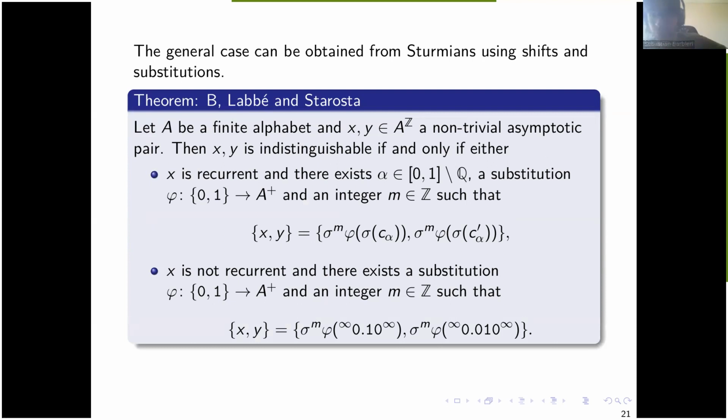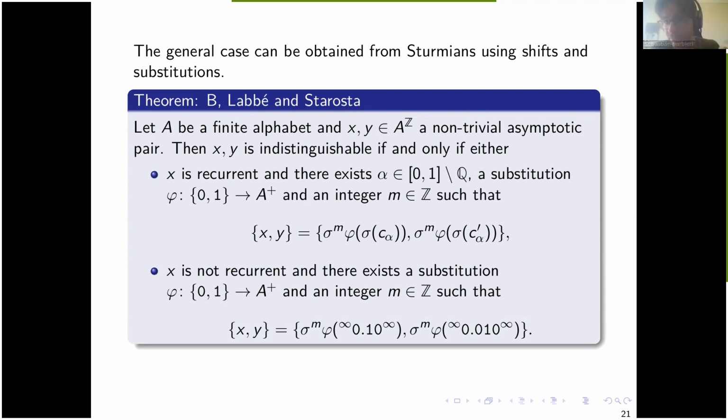So this is the real theorem on Z. If I have a finite alphabet and I have a non-trivial asymptotic pair, that's x is different than y, then xy is indistinguishable if and only if either x is recurrent, in which case there exists an irrational and a substitution and an integer such that x and y are just going to be, well, I take my Sturmian configurations C alpha and C alpha prime, I shift them once so that the different set now becomes all on the negatives, -1, -2.